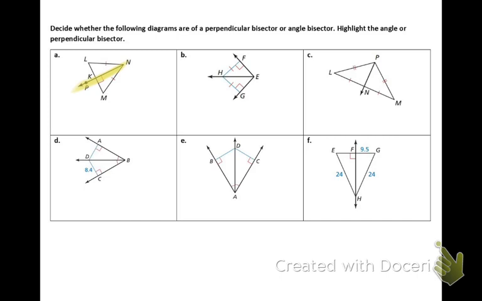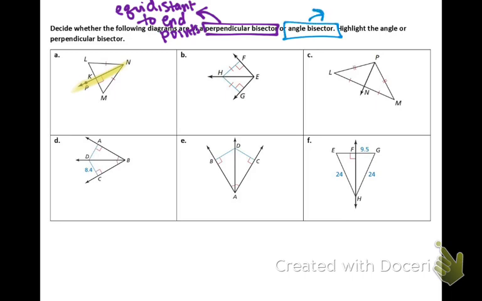So you really want to ask yourself, a perpendicular bisector is equidistant to the endpoints. An angle bisector is equidistant to the rays.